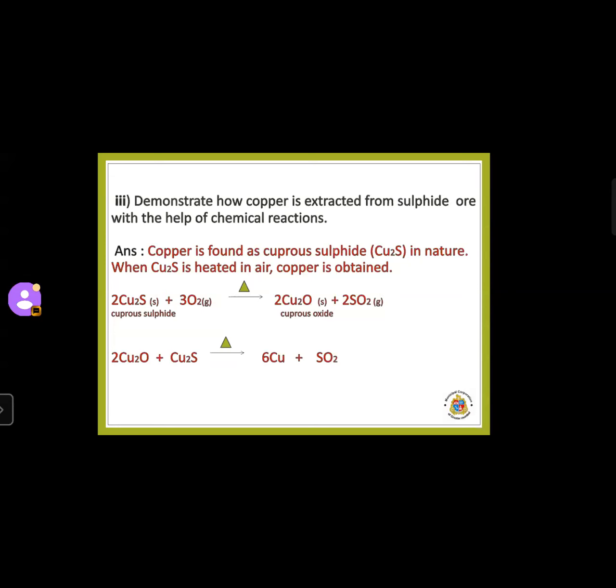The cuprous sulphide reacts with the oxygen and forms the product cuprous oxide. This is an oxidation reaction, because the oxygen reacts with the compound, and we get the product 2Cu2O plus 2SO2, sulfur dioxide, in the form of gas. So cuprous oxide and sulfur dioxide.